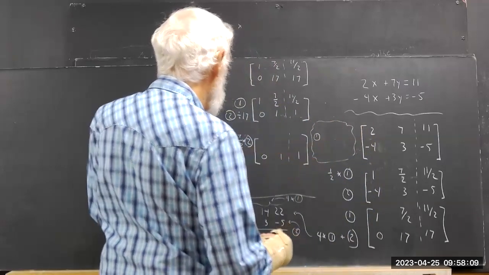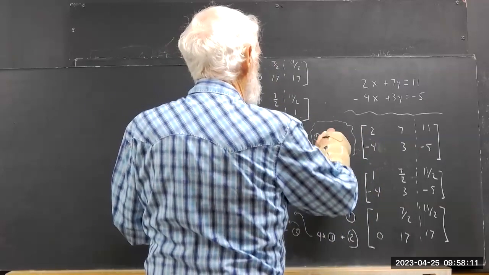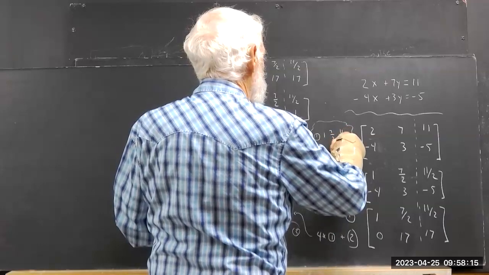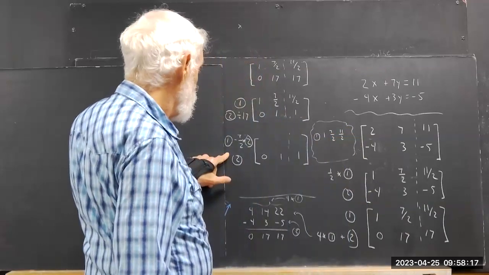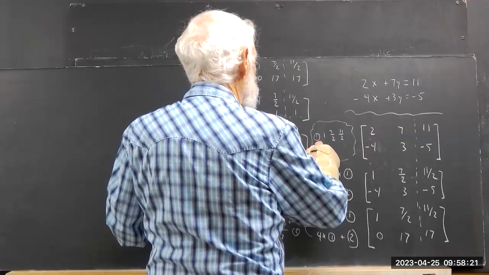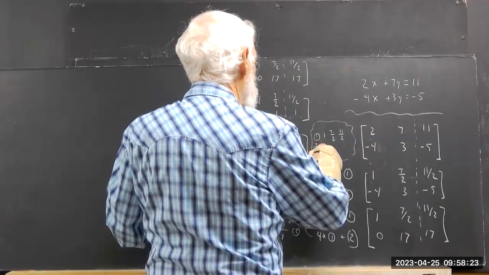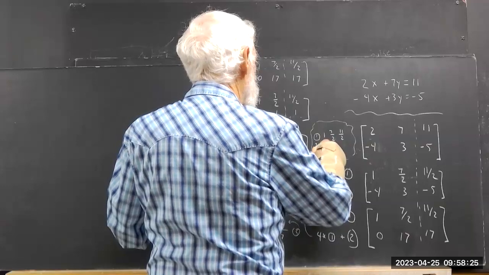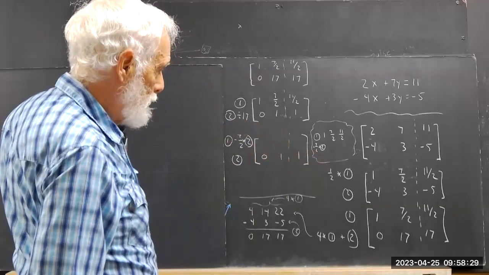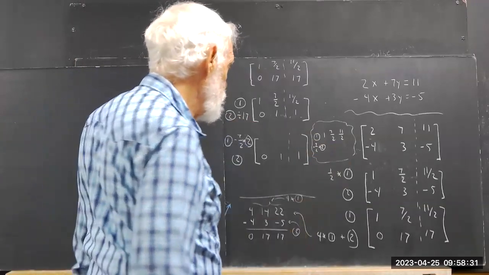I'm going to write down row 1, which is 1, 7/2, 11/2. And then I'm going to write down negative 7/2 of row 2. That might be hard to read because I'm trying to squeeze things in.